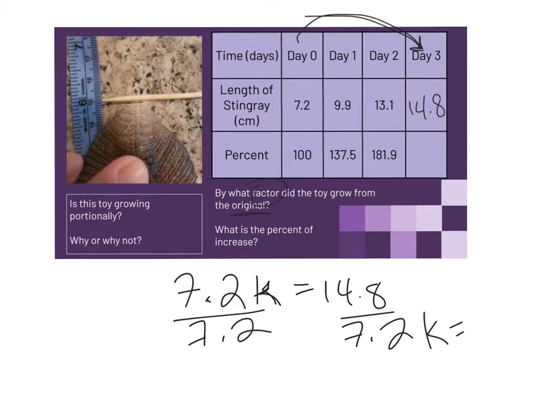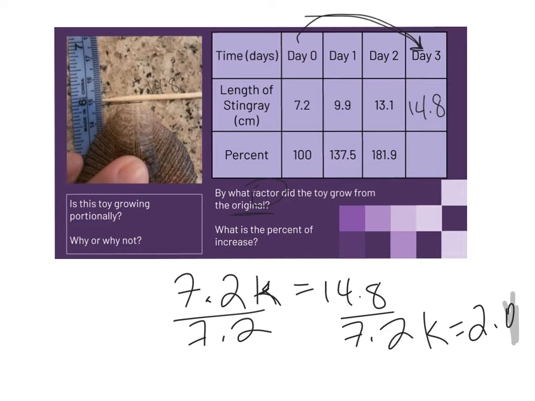K looks like it's going to be 2.4, but let me grab my handy dandy calculator and see. It would be good if I was in the calculator, not the phone part. 14.8 divided by 7.2 is 2.055555, so 2.05. I'm just going to call it 2.1 for now.